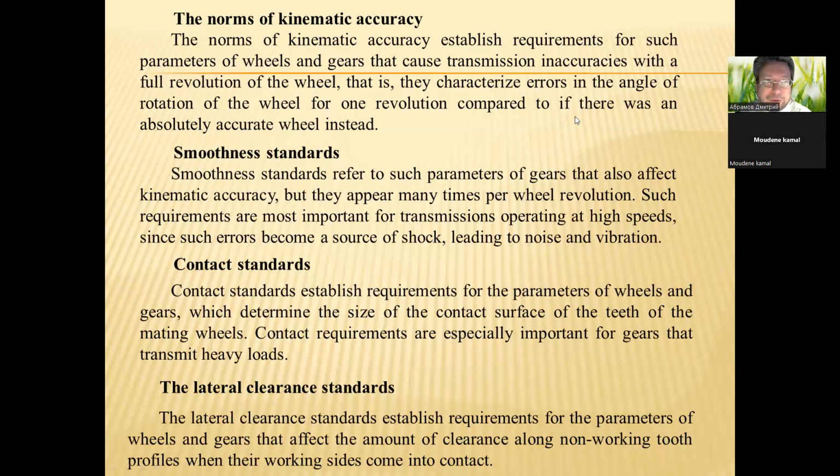Please write down to your notes these four groups of standards about accuracy of the gears.